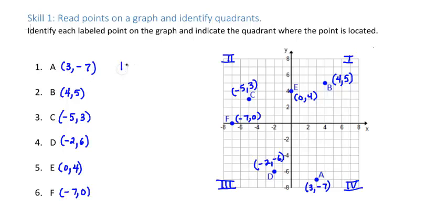So again, we had quadrant 4 for point A, quadrant 1 for point B, 2 for C, 3 for D, and on the y-axis for E and the x-axis for F.